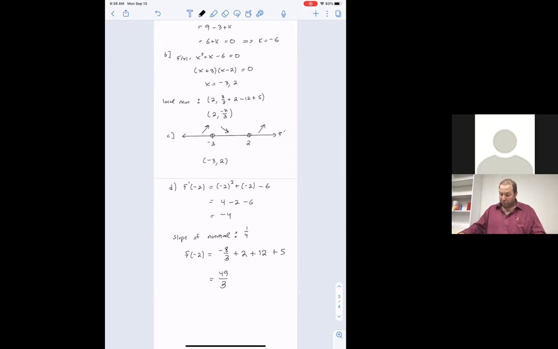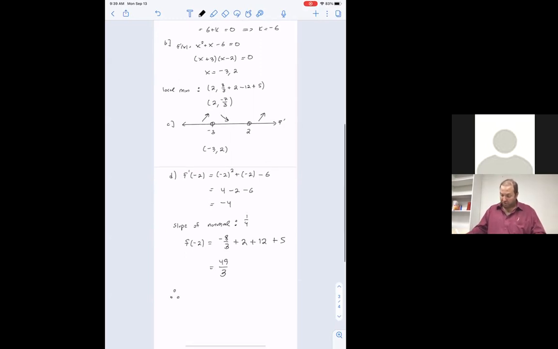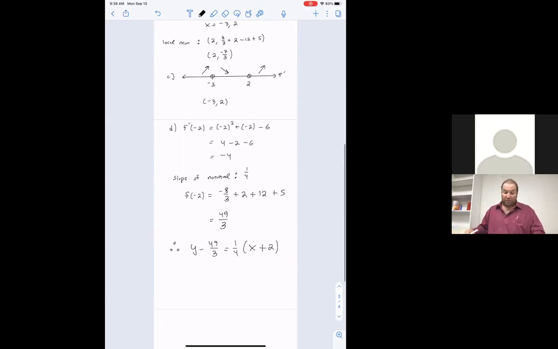I think it's 49/3, and therefore the equation of the normal line is y minus 49/3 equals 1/4 times x minus -2. And they say in the form y equals mx plus c, so we have to do that. So y equals 1/4 x plus 1/4 of 2, which is 1/2, plus 49/3.